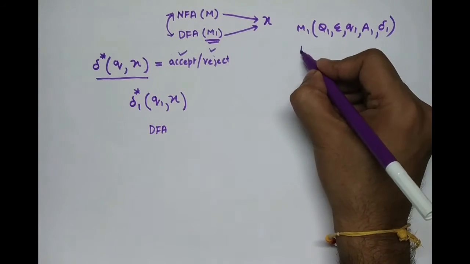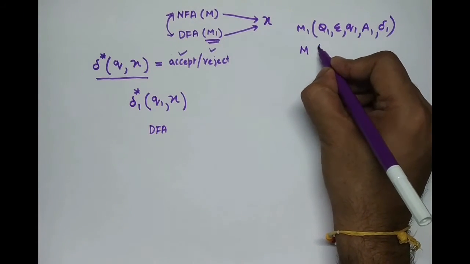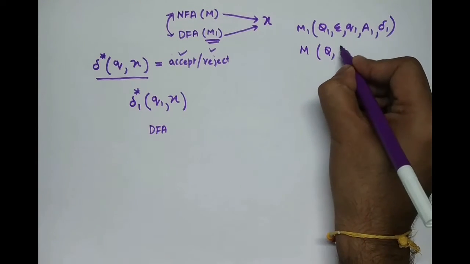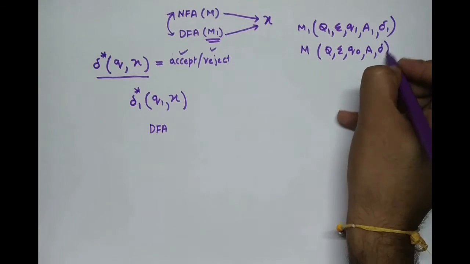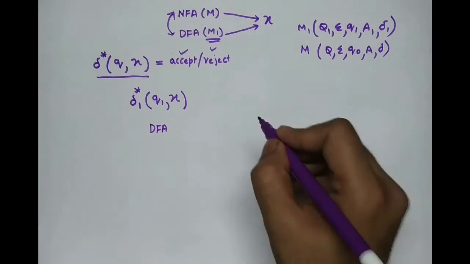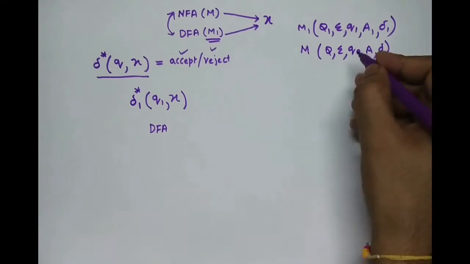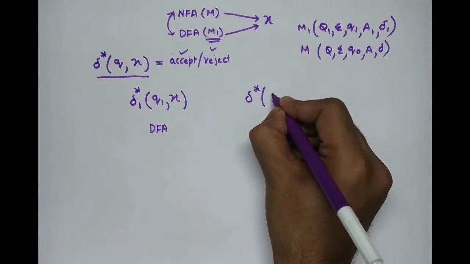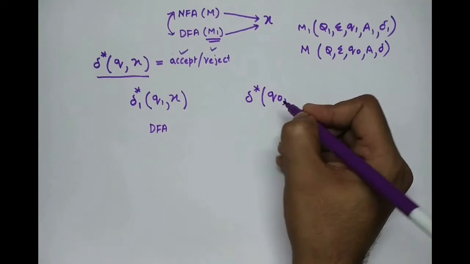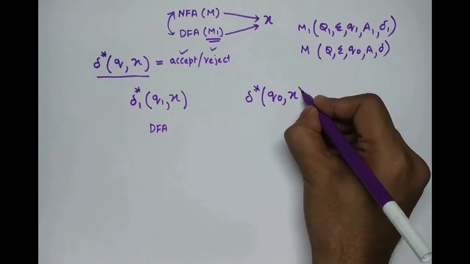Now we already have an NFA M whose tuple values are Q, sigma, Q naught, A and del. So let us see how the extended transition function for NFA is written. The extended transition function for NFA will be del star from start state Q naught, where X is given as input.